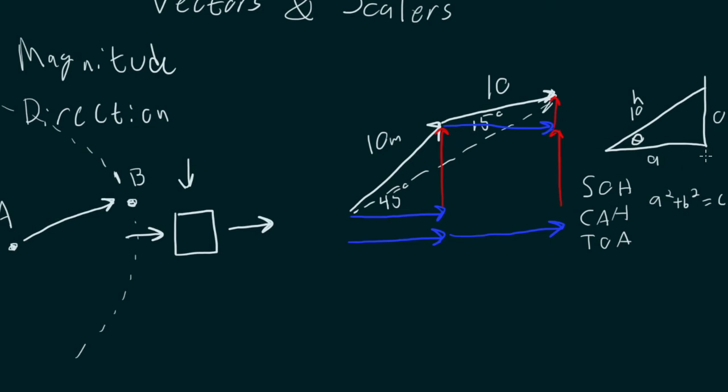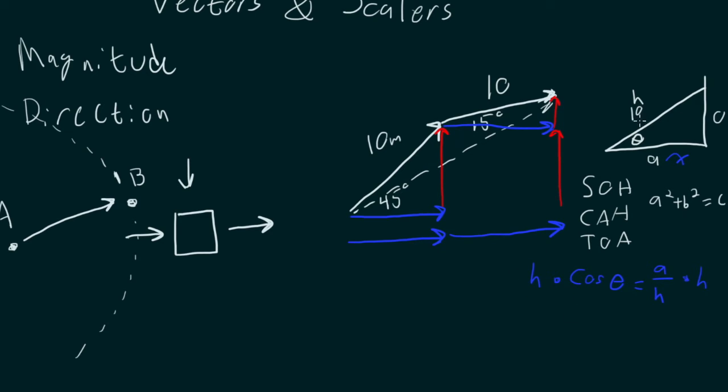So first off, let's figure out my x component. That's going to be right here. That's going to be my adjacent side. So in order to use the adjacent, that means I'm going to use the cosine, because CAH means cosine of theta equals my adjacent side over my hypotenuse. And so I can rearrange this equation to solve for the adjacent by multiplying both sides by the hypotenuse.